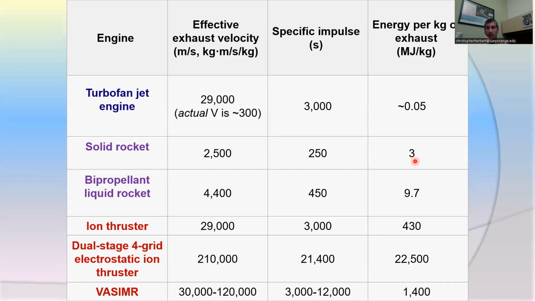Great for the initial boost phase, they're the workhorse. But as the rocket gets going faster, we rely on bipropellant liquid rockets. And this 4,400 meters per second for an exhaust velocity really represents the best that we can hope for by chemical means.